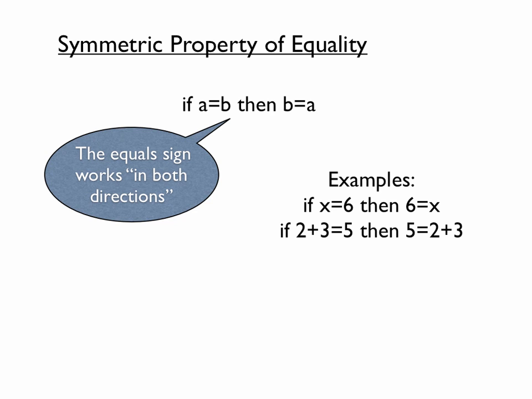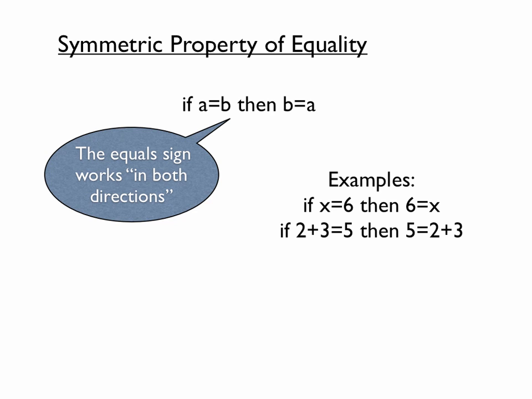The symmetric property of equality essentially says that the equal sign works in both directions. If some number, A, is equal to some other number, B, then B is also equal to A. It just says that we can take an expression with an equal sign in the middle and we can turn it around, and it's still true.